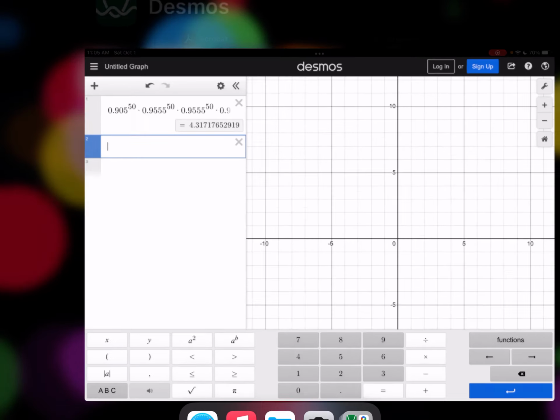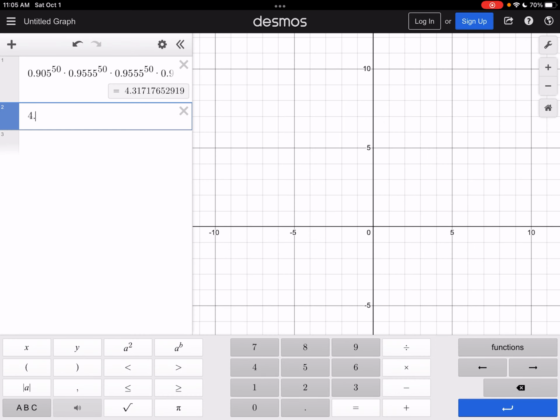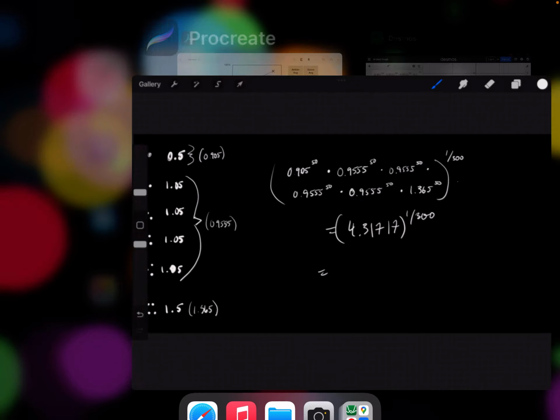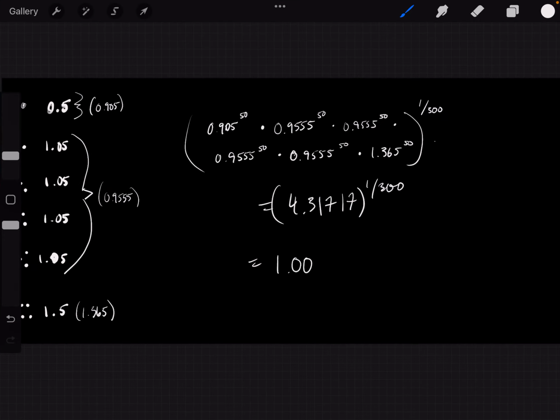And that is equal to 1.00488. So we'll round that up, or 0.489%. So that is our geometric average.